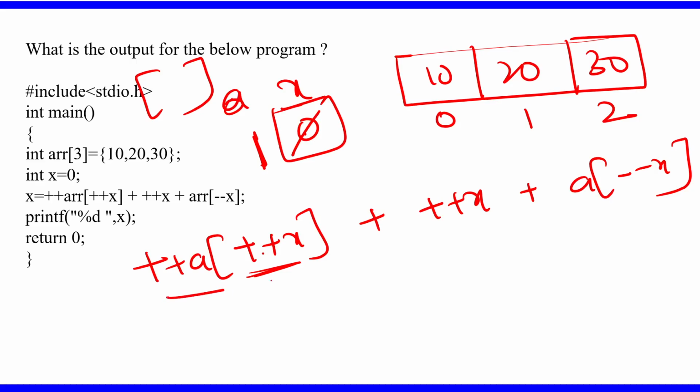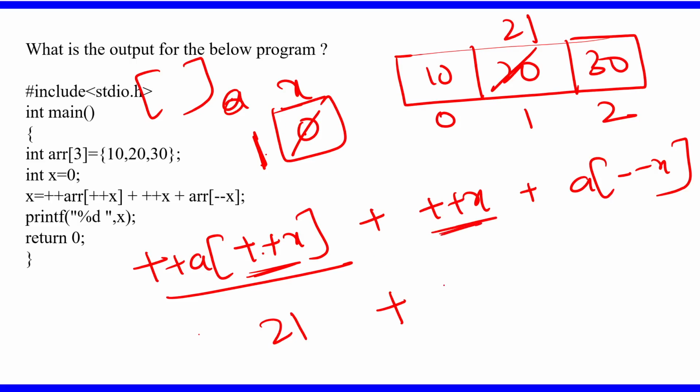So the meaning of this expression becomes plus plus a of 1. What is a of 1 value? 20. Plus plus of that means first go and update the memory. This 20 becomes 21 because of this pre-increment. Therefore, this total expression value is 21 plus, again plus plus x.